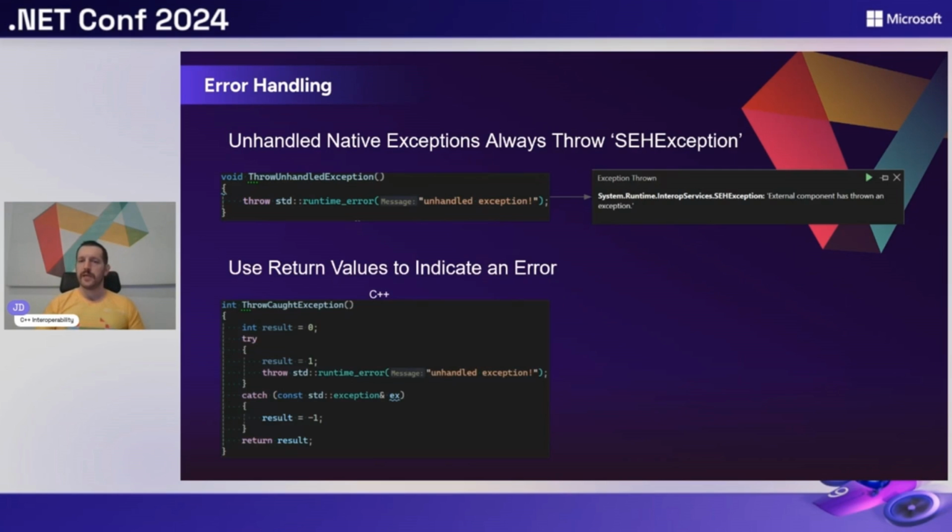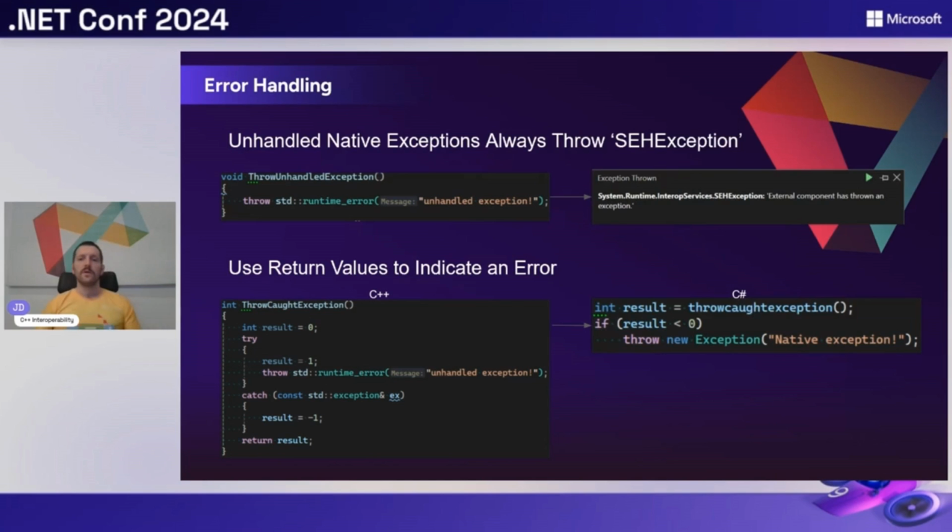To remedy this, we can wrap all of our C++ interop methods in try-catch clauses, and then just use the return values of the interop methods to indicate success or failure. We can then check these return values in .NET and then throw a more appropriate error message if necessary. If the return value indicates a failure, we could optionally implement a way to retrieve the original exception information via another interop method, if necessary.